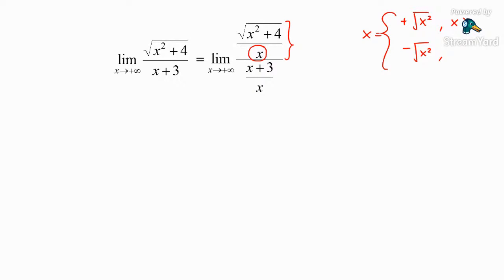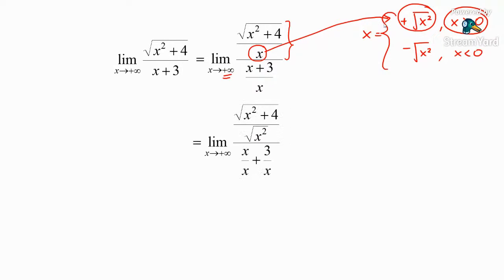This is for x greater than or equal to 0. This is for x less than 0. Since I'm looking for x approaches positive infinity, this is definitely for x greater than 0. So I'll use the positive square root of x squared. So we are going to change this x to become the square root of x squared.